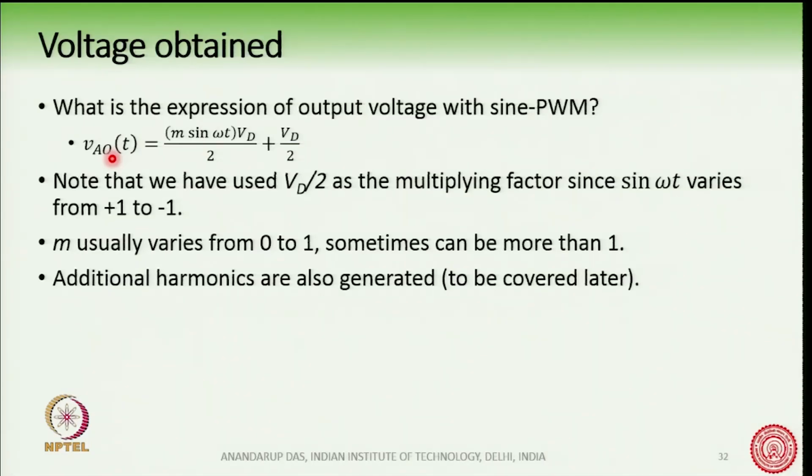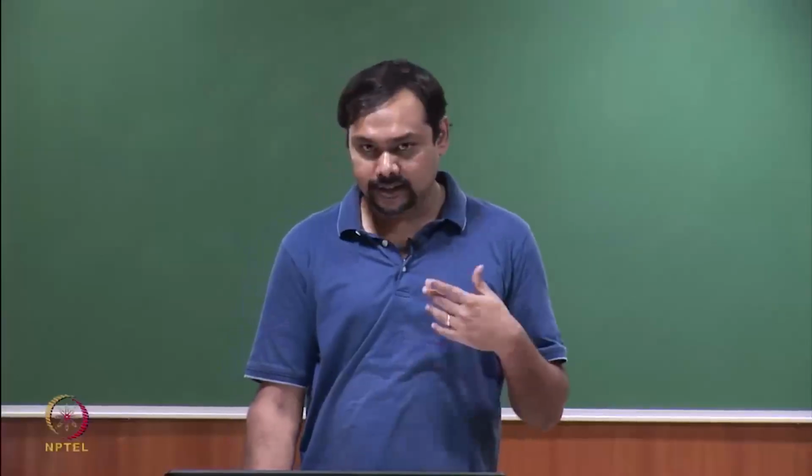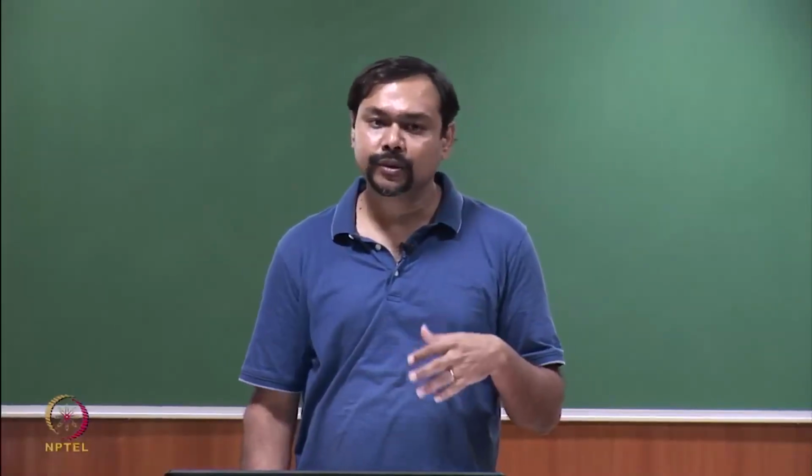Now, if we see the AC component of the voltage, we find that it is proportional to m. m is called the modulation index. m can vary, usually from 0 to 1, and under some circumstances it can go beyond 1.